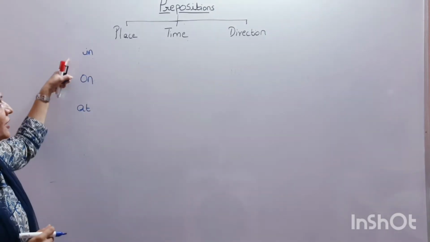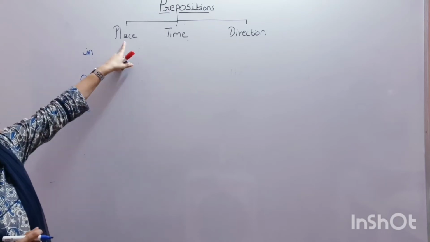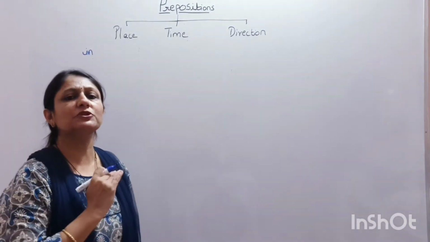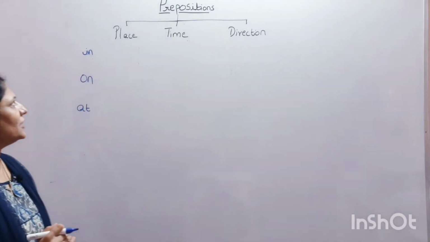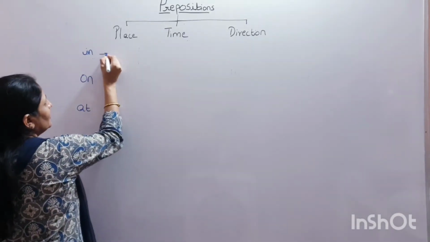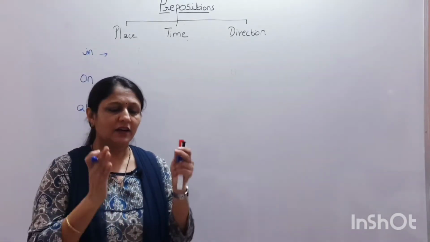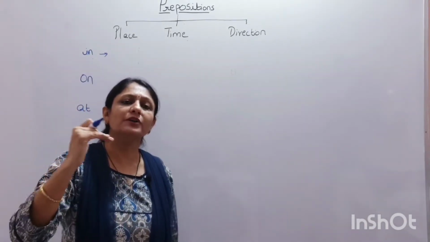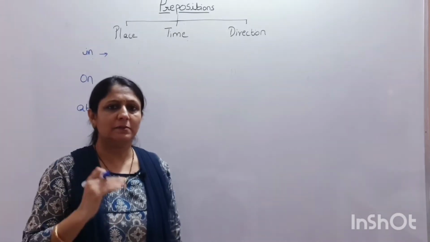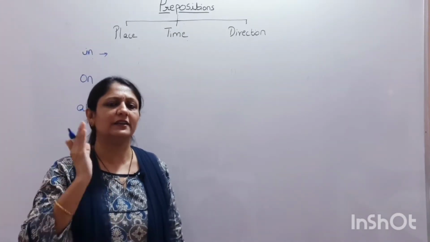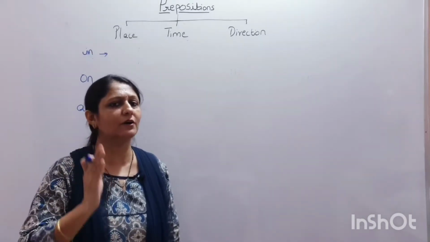These are the 3 prepositions which can be used as a preposition of place. Place means जगह. Now see, how do I use this preposition? For example, I am having a jar in which the water is already filled. मतलब जब मैंने उस जार को देखा तब उस जार के अंदर पानी already भरा हुआ था.